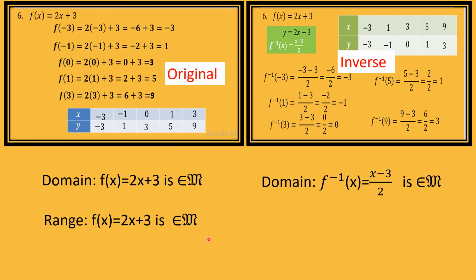In our domain of the inverse function, the inverse function of f of x is equal to x minus 3 all over 2, is also an element of real number. And our range of the inverse function f of x is equal to x minus 3 all over 2 is also an element of real number. So, hindi naman tayo magkakaroon dito ng 0 sa denominator kasi yung ating denominator naman is a constant number, which is 2.